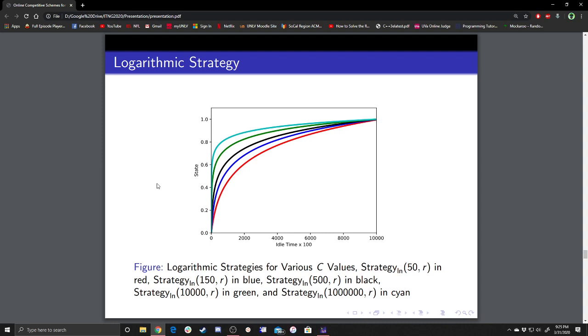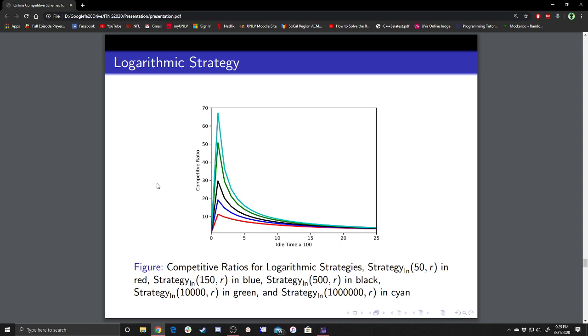And using our cost curves and our offline cost, we can compute our competitive ratios. You can see the competitive ratios are actually extremely high, to the point where it's not really a good idea to apply this algorithm, but we worked on this and saw which strategies work best.